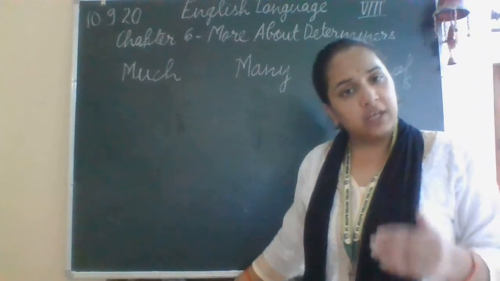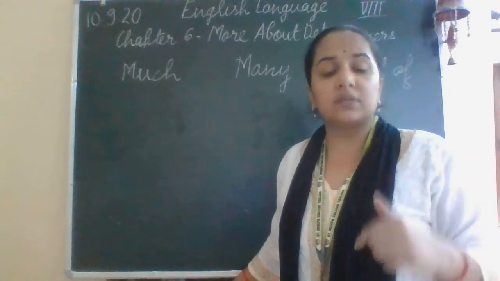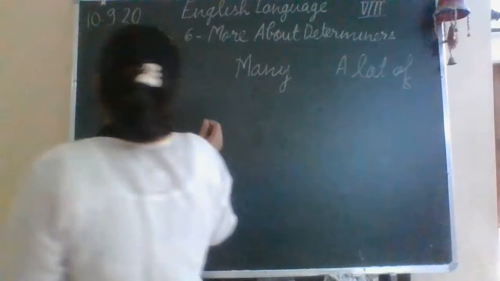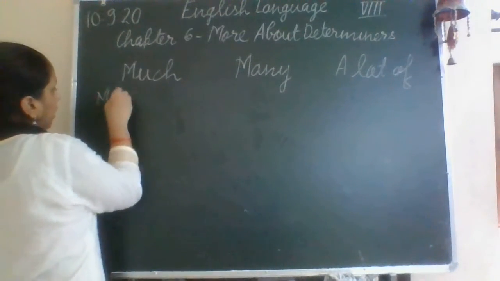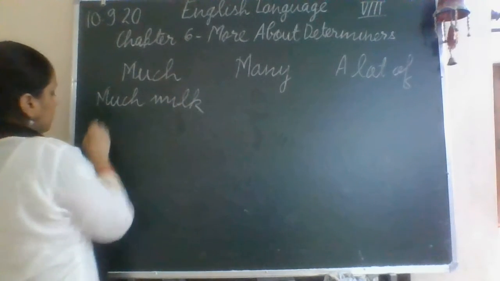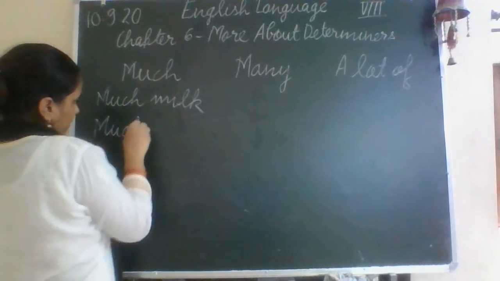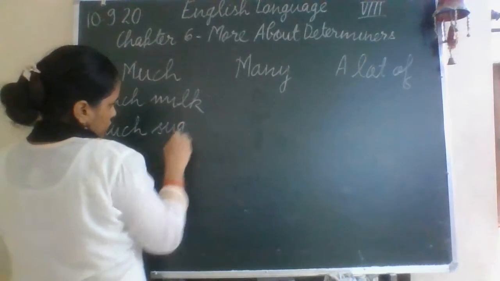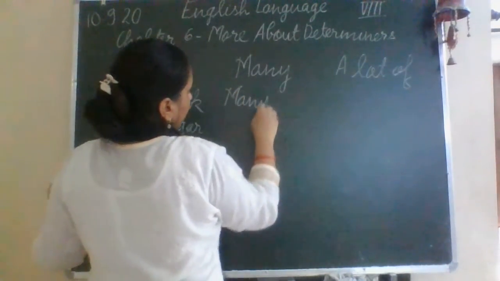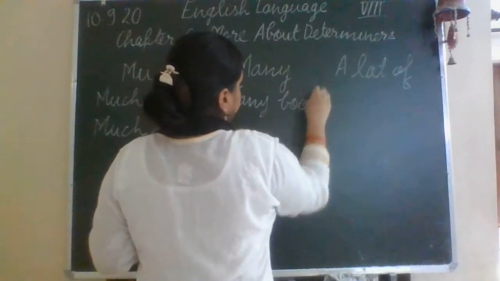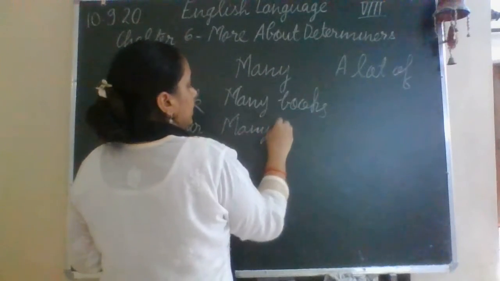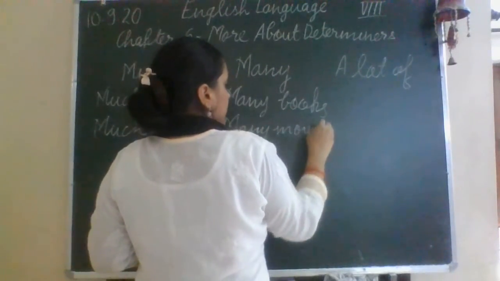And a lot of, we can use, as we have discussed, with both the things: a lot of sugar, a lot of books. So here, much milk or much sugar, many books or many movies.